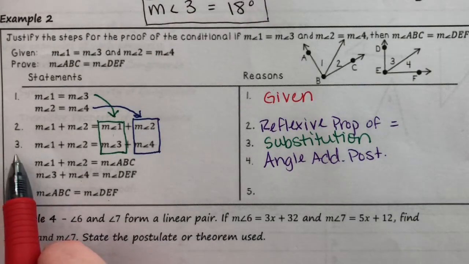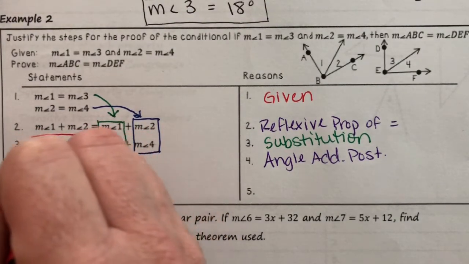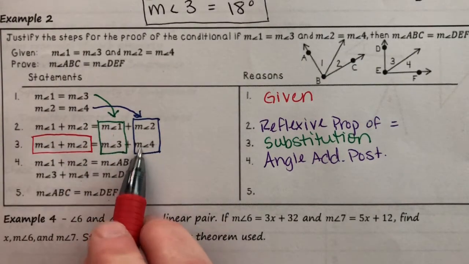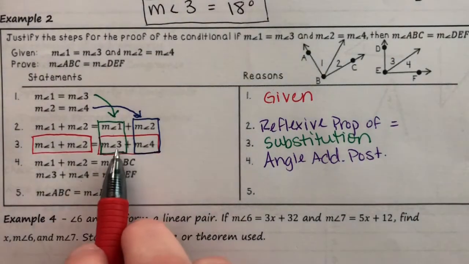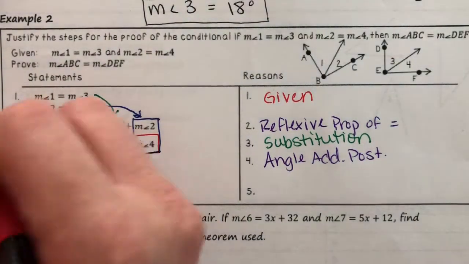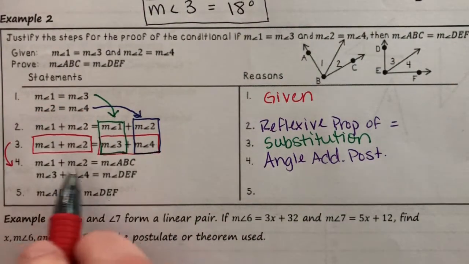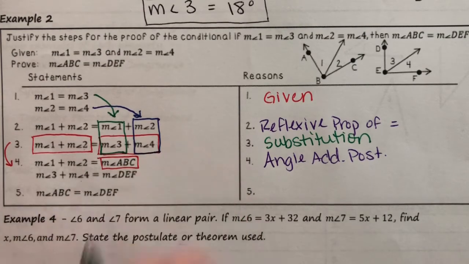So in step 3, it told me that this whole thing equals this whole thing, right? 1 plus 2 is equal to 3 plus 4. Then in line 4, it told me that 1 plus 2 is the same thing as ABC.